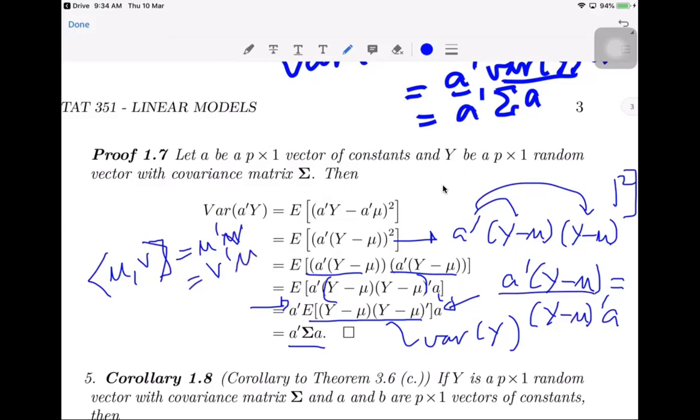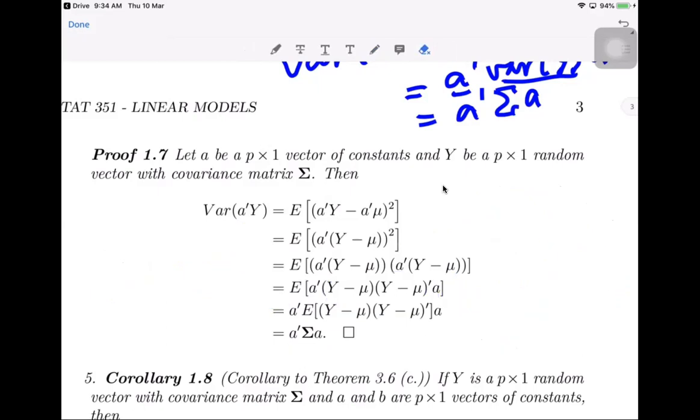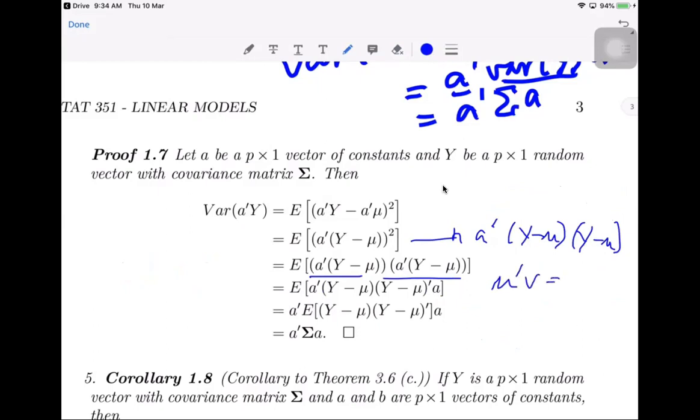So this is what happened here. So okay, from here, this is a prime y minus mu, y minus mu, and then you have that. u prime v is just equal to v prime u, which is this part. And the result.